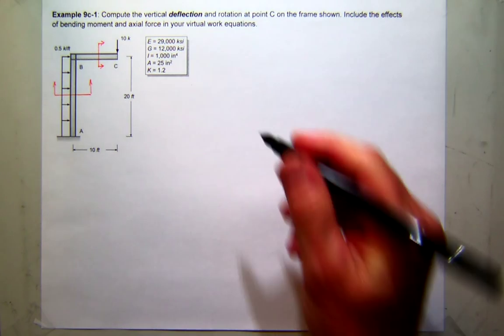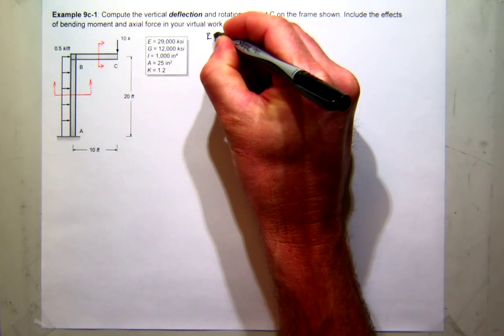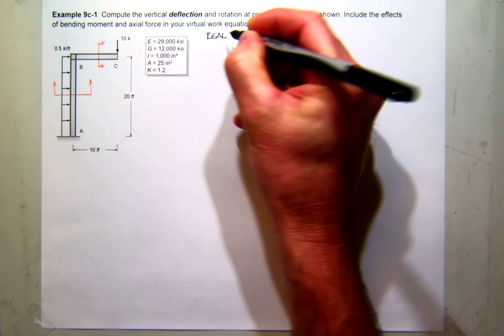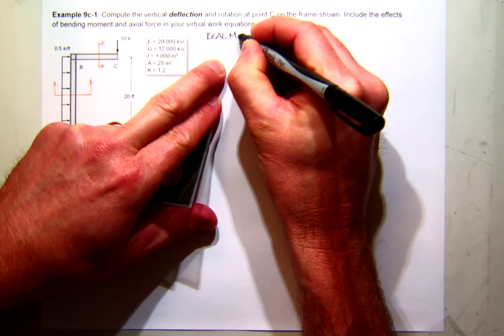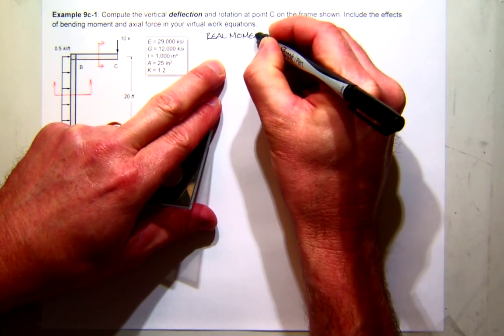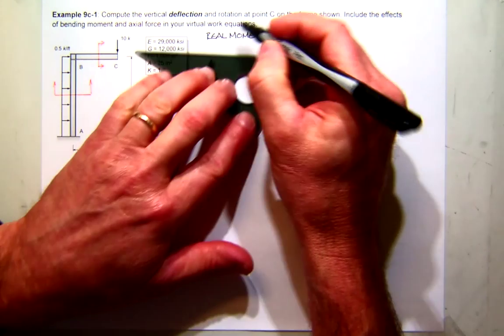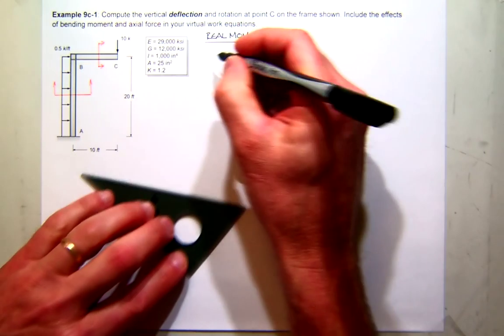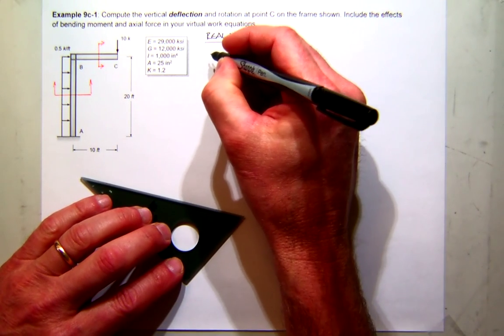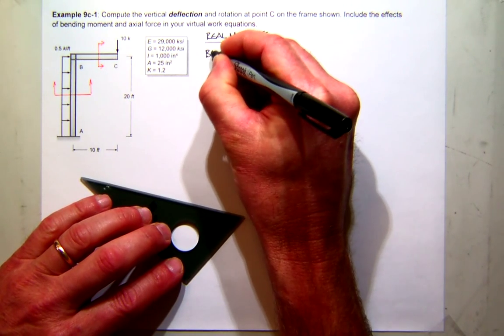So let's first start with the real moments. And we'll start with the first section. Let's do the simplest one first. Let's do BC first.